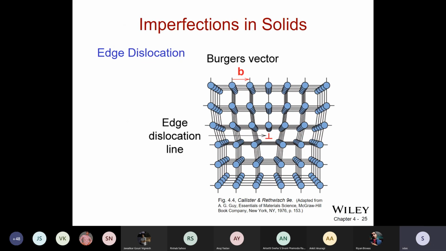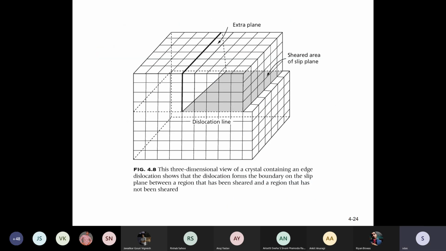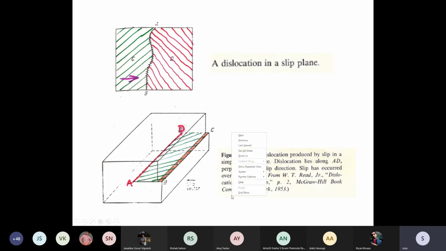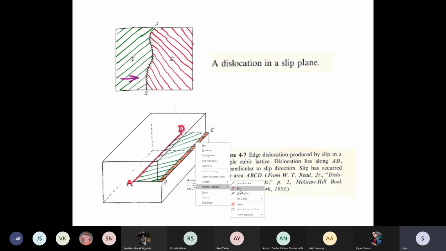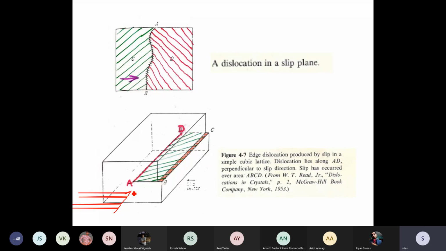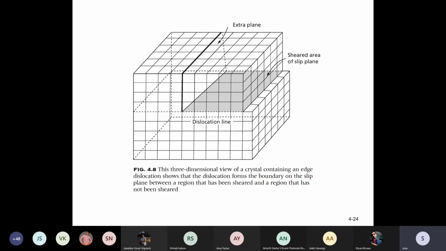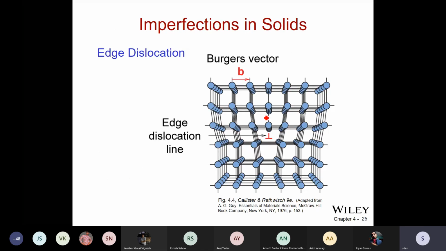So in the picture, if you magnify, if you are looking from this direction, I'll get a view like this, an atomic level view.